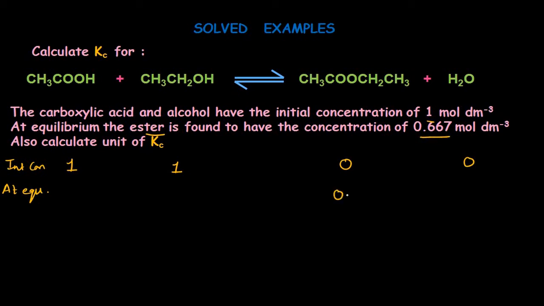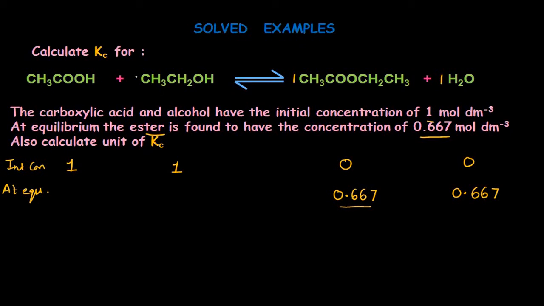Now 0.667 we are writing below the ester. As we can see, the mole ratio for both the products is the same. So if this amount of product is formed for one of them, then the other product should also have the same concentration, that is 0.667.